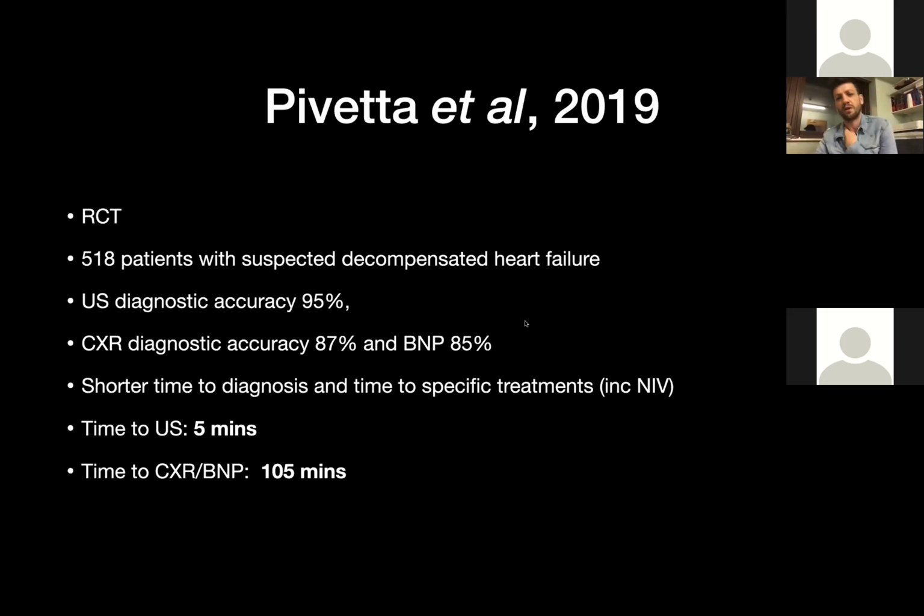This was a randomized control trial in quite a lot of patients with suspected decompensated heart failure. And ultrasound had a better diagnostic accuracy than chest X-ray and BNP, and also a significantly shorter time to diagnosis. So better, speedier disposition of patients with heart failure.